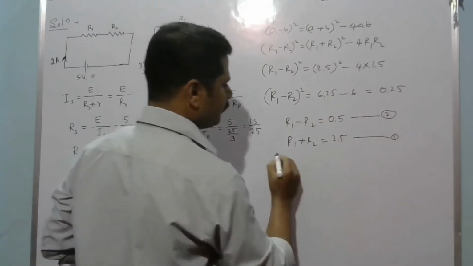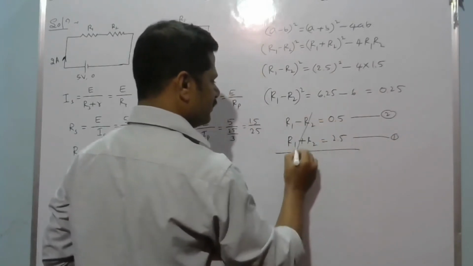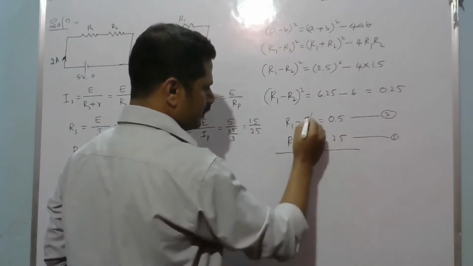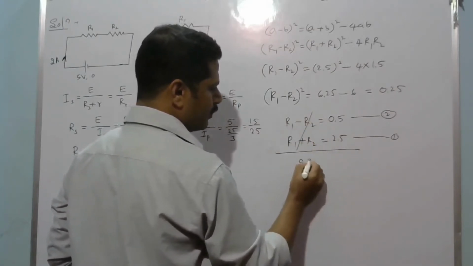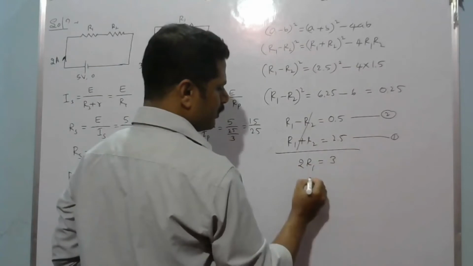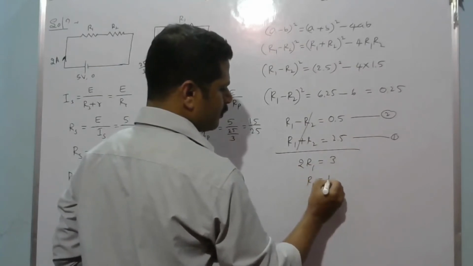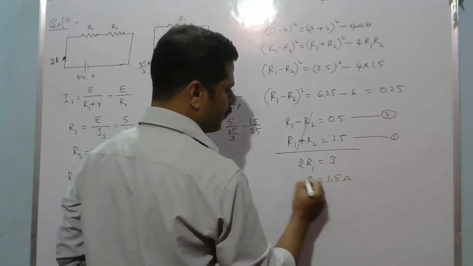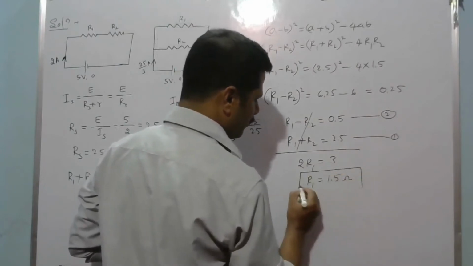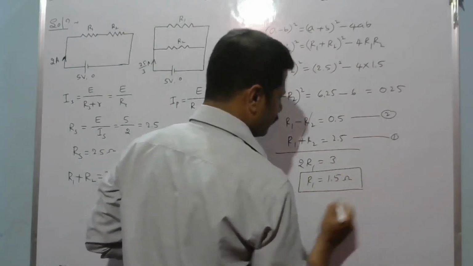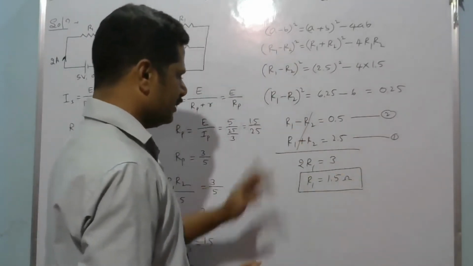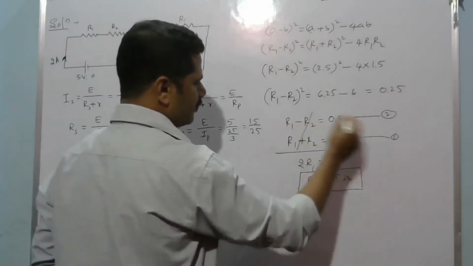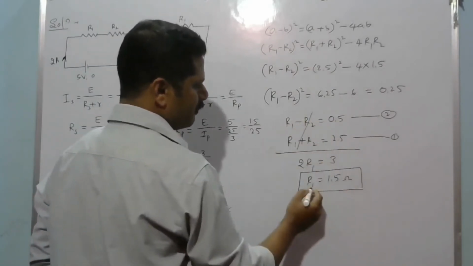I'm solving these two. Here, these get cancelled, so I'm adding these two. These will get cancelled and we'll get 2R1 is equal to 3. So R1 equals how much? That is 1.5 ohm. So I'm substituting this in any one of the equations, R1 minus R2 or R1 plus R2 equals 2.5, and we'll get R2 also.